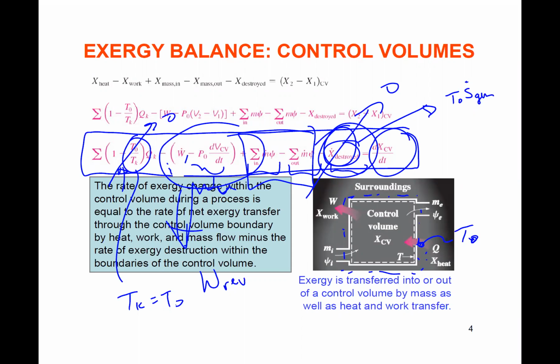You're putting work in, and you're recovering it by raising the exergy within the fluid properties at the exit. Or if you have a heater, you're putting exergy from heat transfer in and you're recovering it with this mass flow rate. So it's all about what exergy is going in and what's coming out.